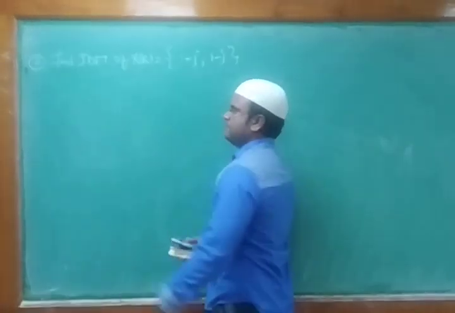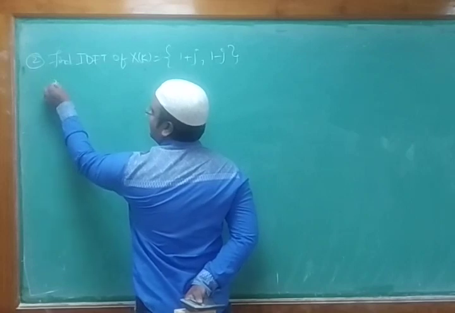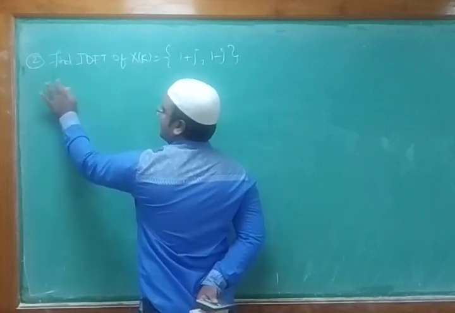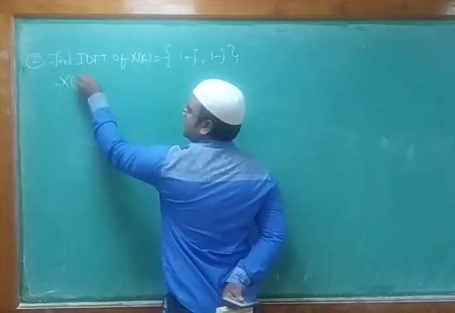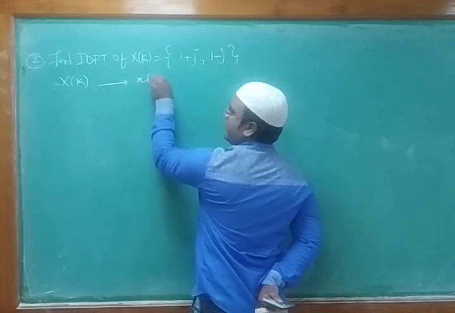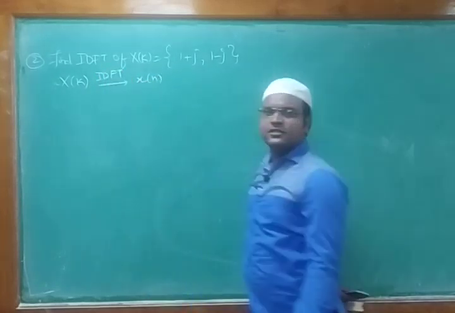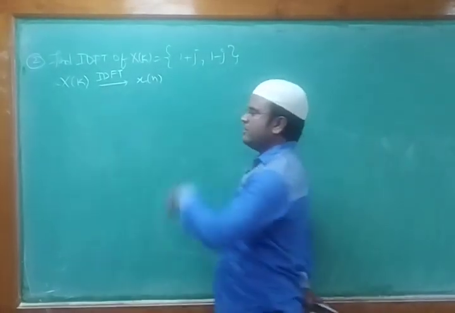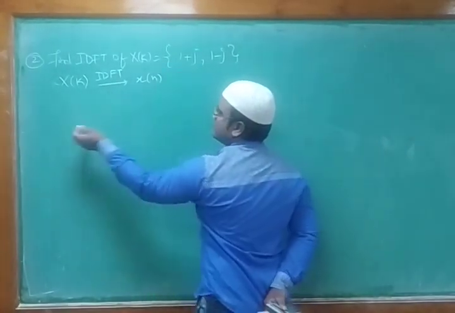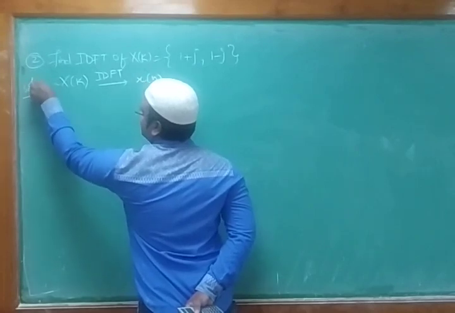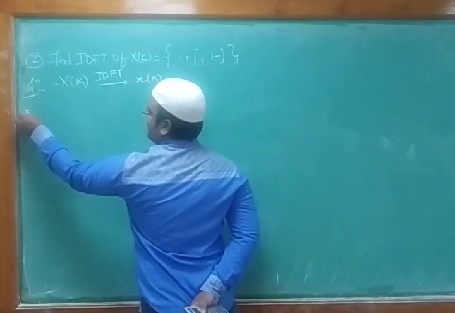What I'll do it? First we know. So by applying IDFT we can write our x of k can be converted into small x of n by applying IDFT, inverse discrete Fourier transform. So now see the sequence. So given sequence is what? X of n.